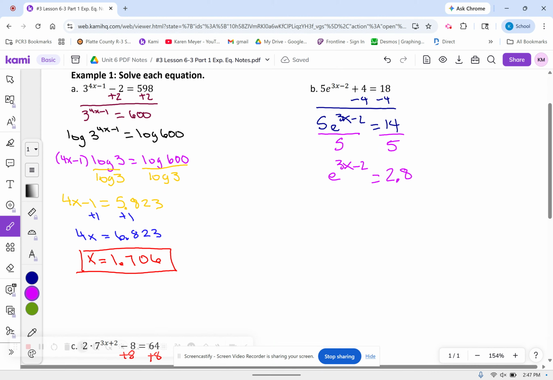And now instead of a log, you should be thinking, what did we talk about earlier in this unit that goes with e? And you should have an ln. So ln goes with e. So I'm going to put an ln on both sides.